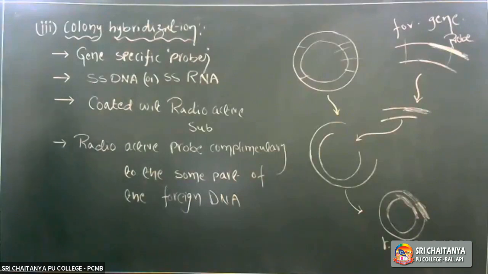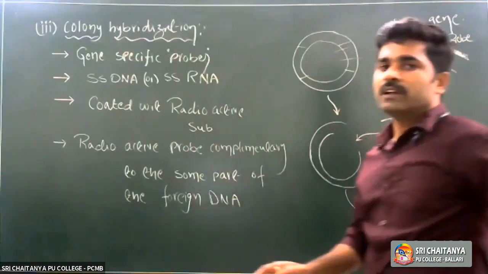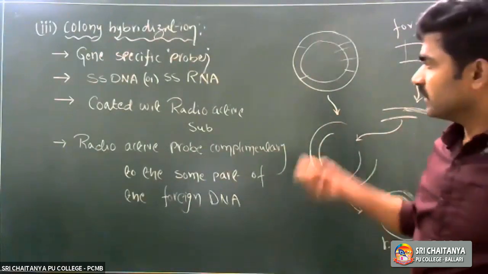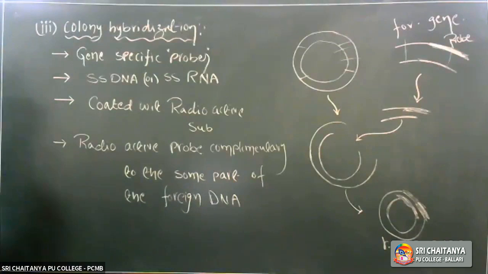In this way, by using the colony hybridization technique also, we can easily separate recombinant DNA containing bacterial cells from normal bacterial cells. Note it down.